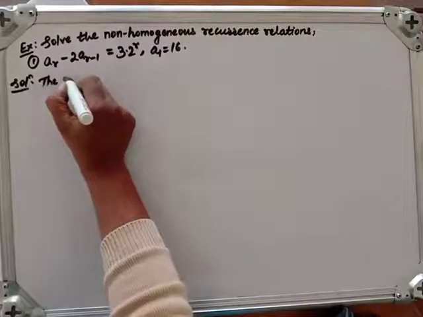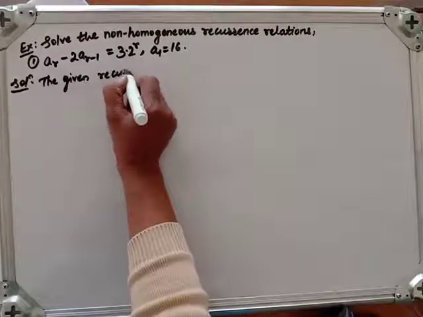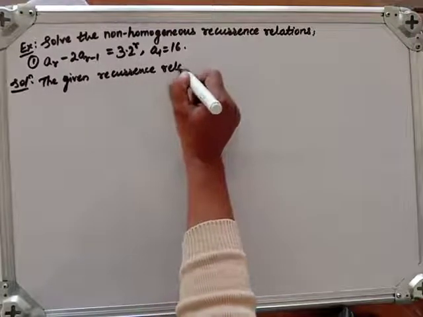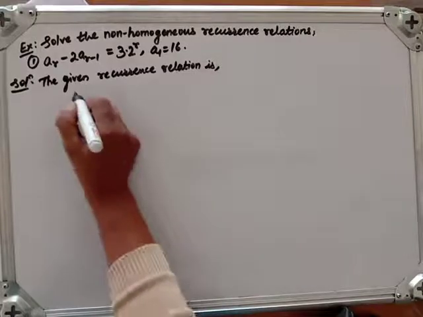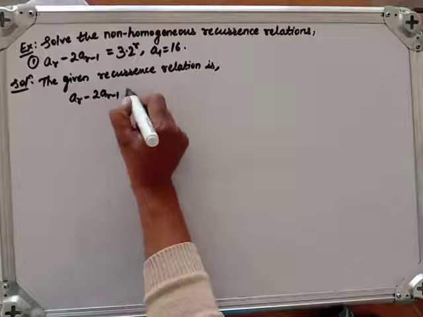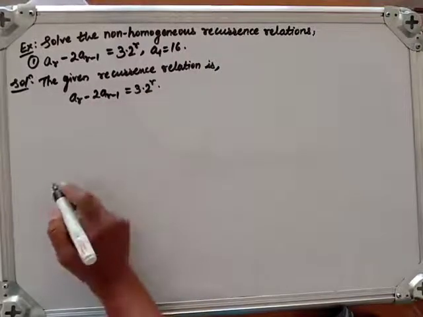So the solution for this: the given recurrence relation is a_r minus 2 a_(r-1) equal to 3 into 2 raised to r. Fine.